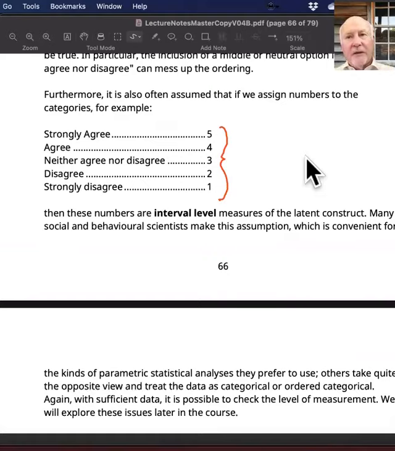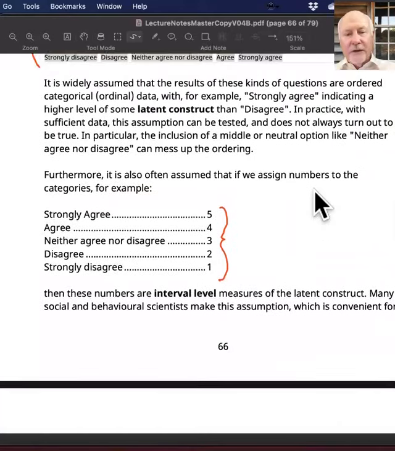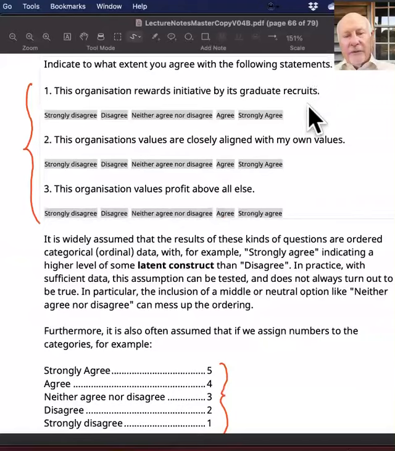Some people won't make that assumption without checking it. I tend to fall into that category, only because I've seen cases where it's not true. And then some people will go further and assume that this is interval level data, and that's definitely not always the case. So we have to be a little careful with these kinds of numbers.